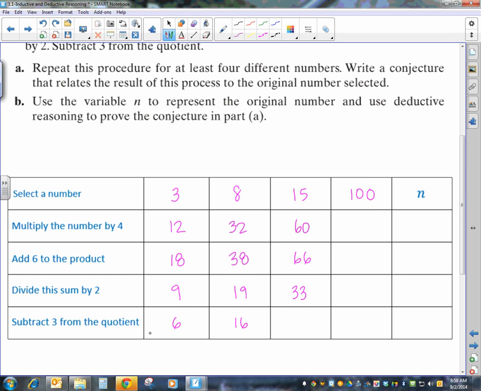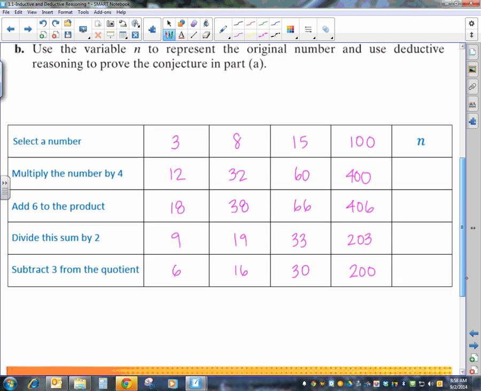And 33 subtract 3 is 30. We have 100. 100 multiplied by 4 is 400. Plus 6 is 406. Divided by 2 is 203. And subtract 3 is 200.